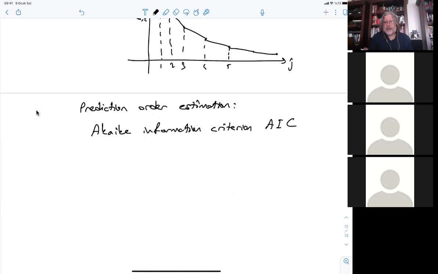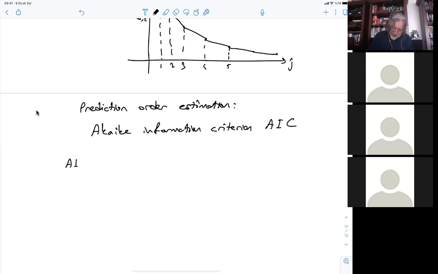So the order that this finds is usually a tad or at least one larger than the actual one. For example, if Akaike information criterion gives you the order is 7, it may be 6. But it's an upper bound anyway. And it goes on like this.